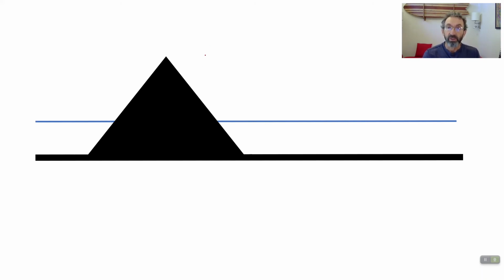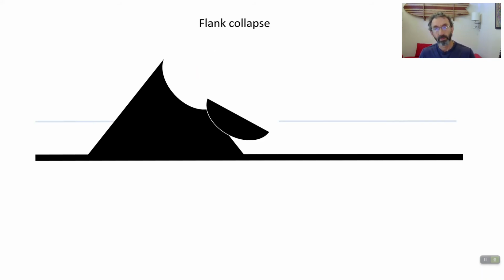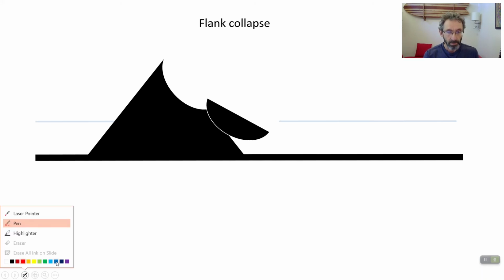And what's going to happen is this side of the volcano is going to collapse. And these collapses can be a result of earthquakes, and they can be a result of volcanic eruptions, and they can also just be a result of the overall weakening of the volcano. When it's the side of the volcano that's falling apart, we call this a flank collapse. So we see that a big chunk of the volcano has failed and fallen into the ocean.